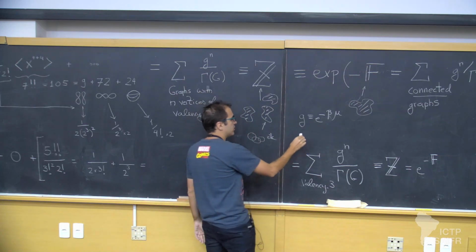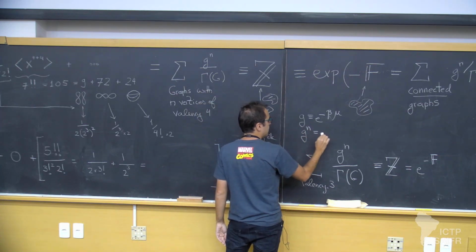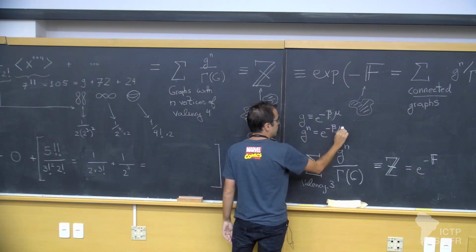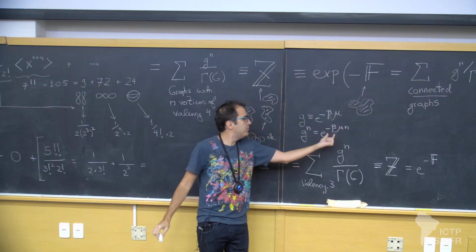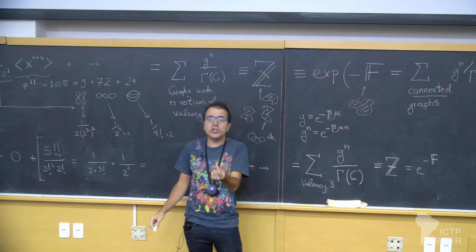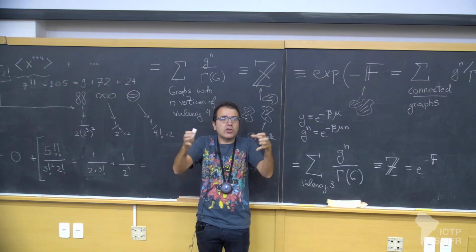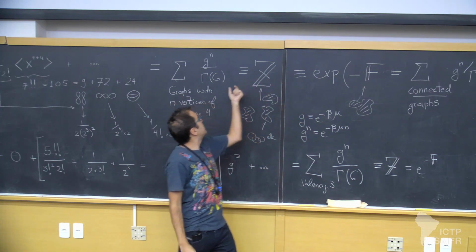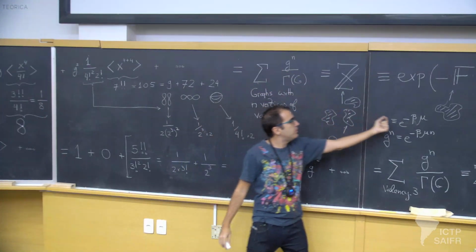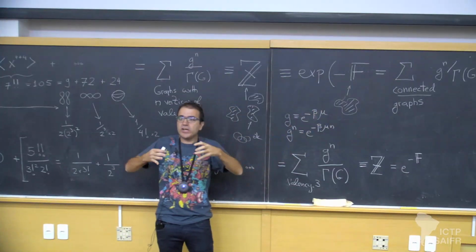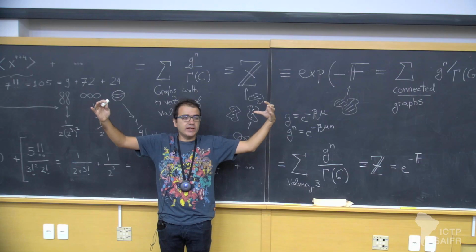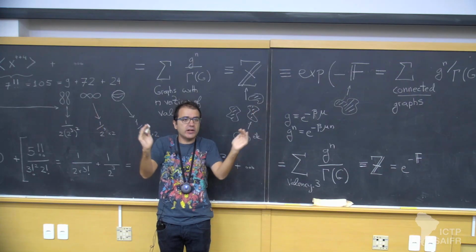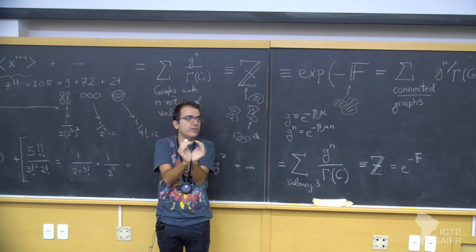Because then what is g to the n? g to the n is just e to the minus beta mu n. So we see that beta mu is like the energy per vertex. It costs some energy to put a vertex. So if g is very small, it means that beta mu is very large, and it's very costly to grow a graph. Then the graphs that dominate the partition function are graphs with very small number of vertices.